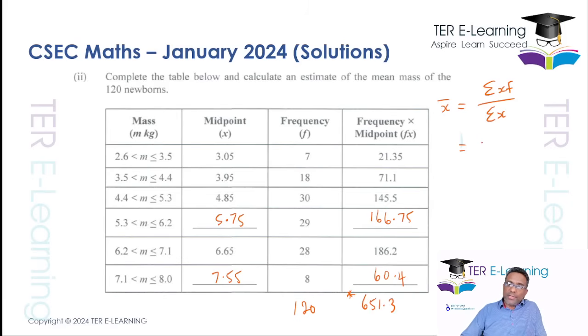So therefore the mean is going to be 651.3 divided by 120, and we want to estimate this, so I'm going to put 5.43. And this is the mass, so this is in kilograms.